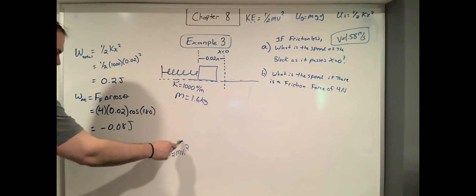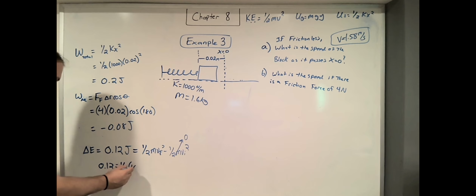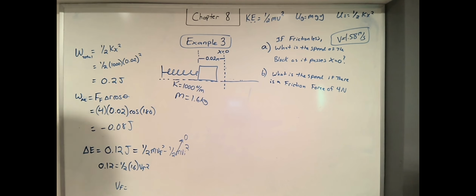Initially, it starts at rest. So that goes to 0. All we're concerned with here is what is that final speed? All right, so we're going to have 0.12 is equal to 1/2 the mass, 1.6, times v final squared. Now we go ahead and solve for v final, and we hope that it is less than the 1.58, because that would mean we're at least on the right track.